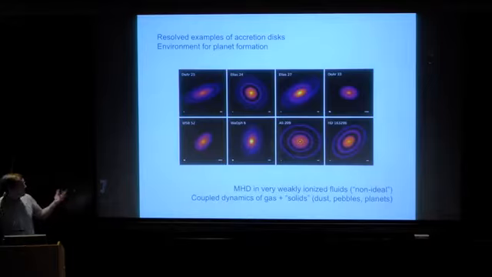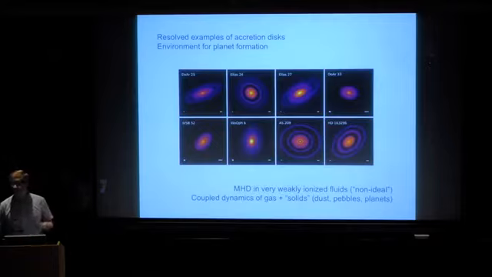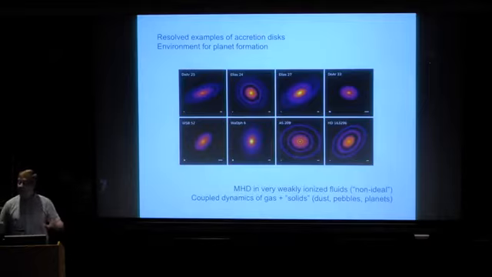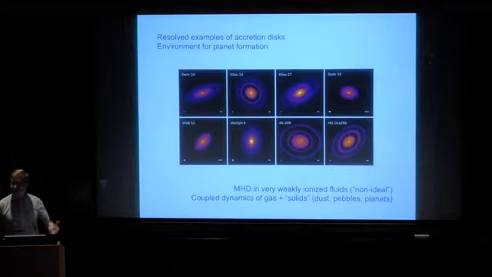We can actually observe, indirectly but with high confidence, gas flowing through these disks and being accreted onto the star. The typical accretion rate you might get here is something like 10 to the minus 8 solar masses per year. So over a few million years, you would accrete a non-negligible fraction of a solar mass. And presumably at earlier times, the accretion rate would be higher.